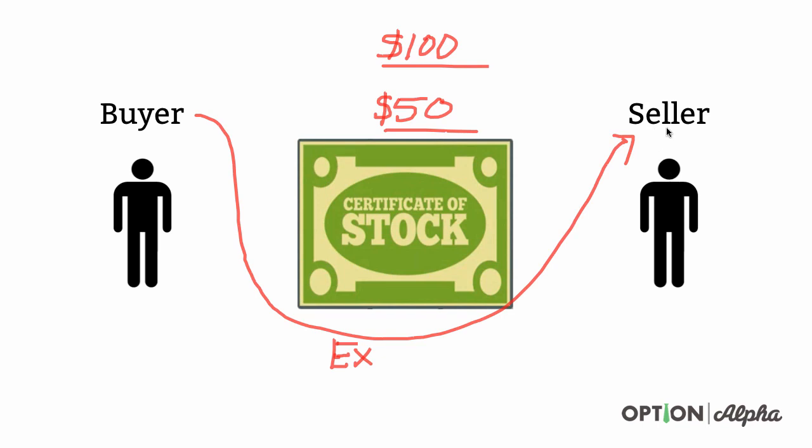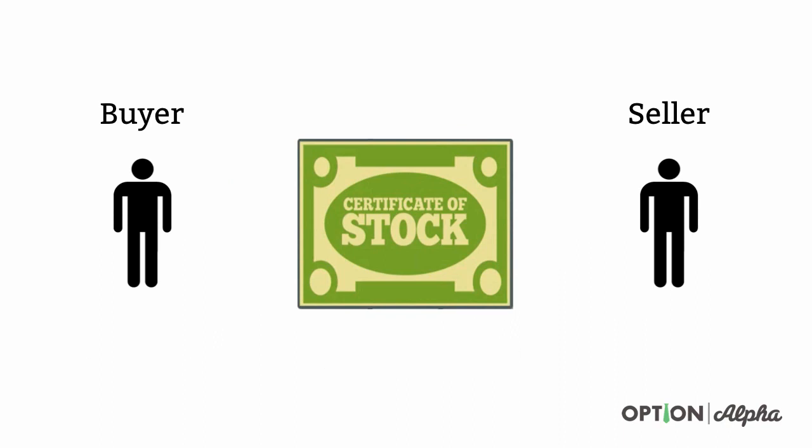On the seller's end, what it looks like is that the option is being assigned, meaning that the contract they initially sent over is now being assigned to the option buyer, and they have to give up the stock they have and transfer it to the option buyer for the strike price of $50.